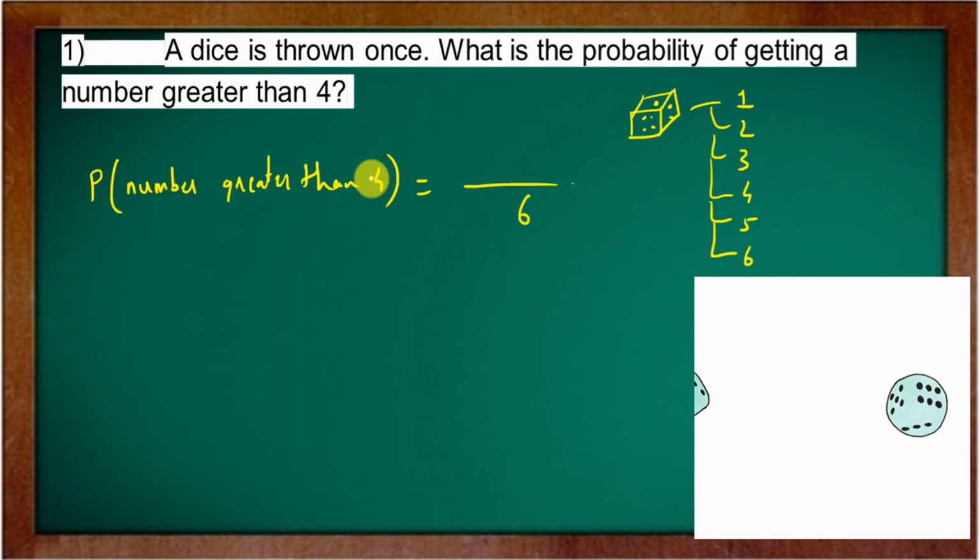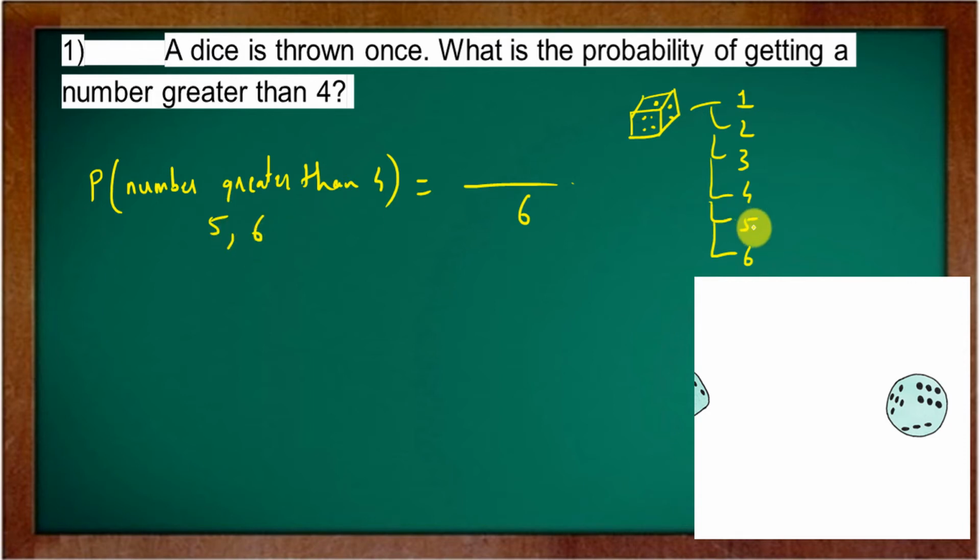What are the numbers which are greater than 4? Is 3 greater than 4? No. Is 4 greater than 4? No, 4 is equal to 4. Is 2 greater than 4? No. Is 1 greater than 4? No. So the numbers greater than 4 are 5 and 6. So the event is 5, 6.